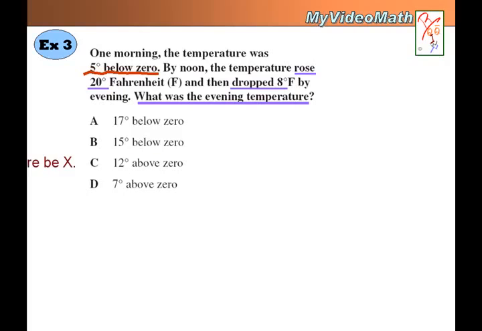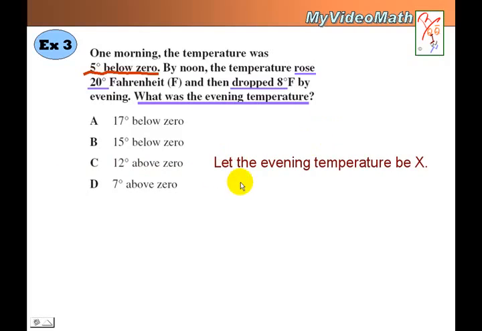Let's see. If I want to use the variable x to represent the evening temperature, x be the evening temperature, then the evening temperature started with -5 and then rose 20 degrees and dropped 8 degrees.